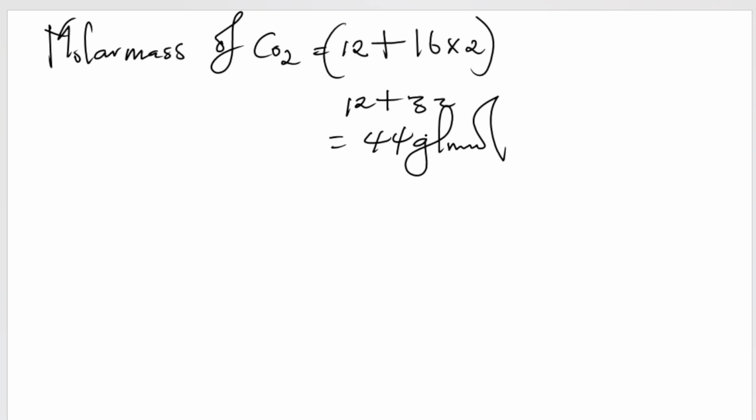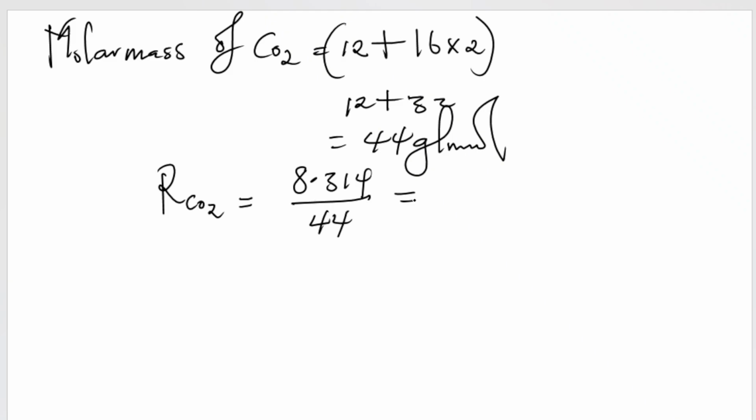So what you simply do is you input this molar mass into our given formula. R for CO2 will now be equal to Ru, your general gas constant, which still remains the constant value of 8.314, divided by your molar mass for CO2, which is 44 gram per mole.